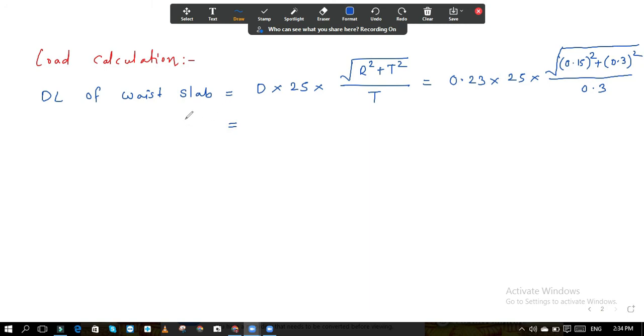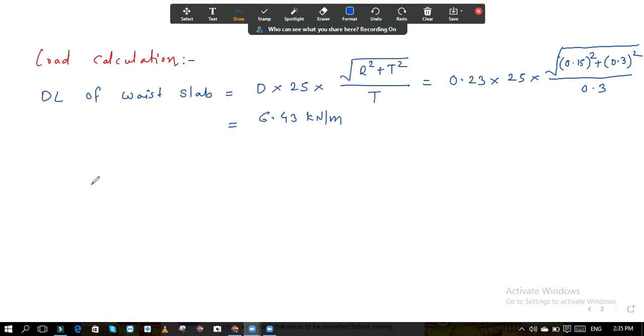So what is the answer? 6.43. Okay, so this is 6.43 kilonewton per meter.